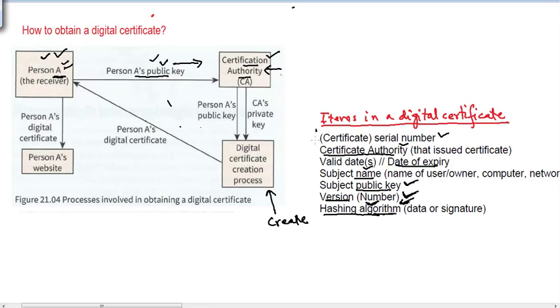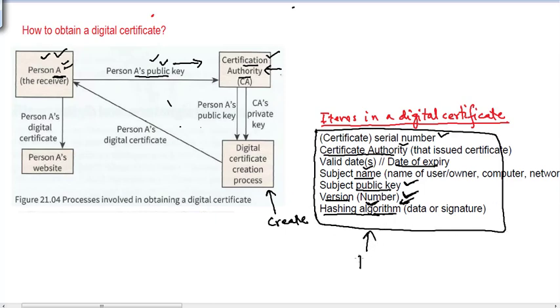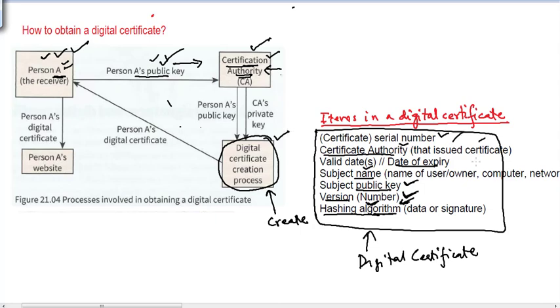Fine, so all of this information is now going to be part of the digital certificate. So A provided the public key to the certification authority. This is a well-known organization which is now going to create a digital certificate, and in the digital certificate we're going to have all of these data items inside of it.